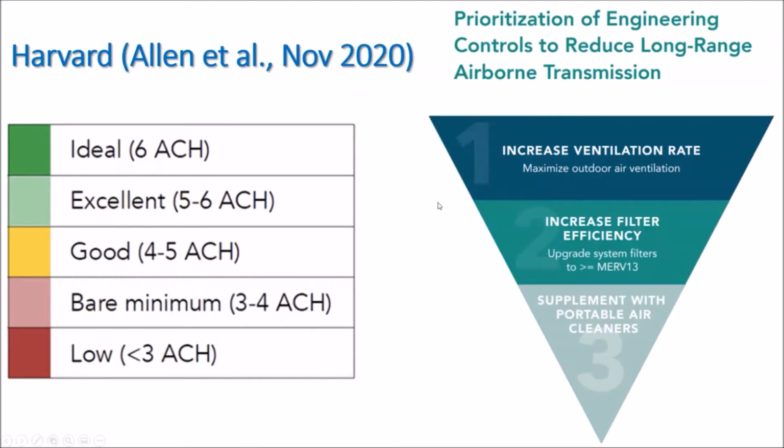Increasing filter efficiency is number two, and supplementing with portable air cleaners is number three. And we've seen even ASHRAE trying to turn this upside down in order to save money on energy. But this was the priority originally when this plan was put out. This criteria is also being used by a lot of the consultants in Ontario when they evaluate school ventilation.